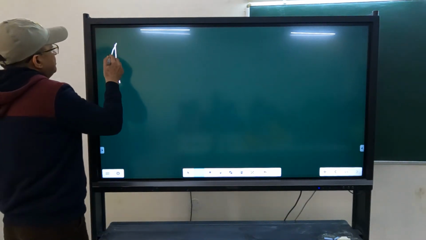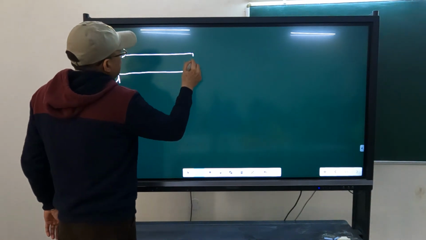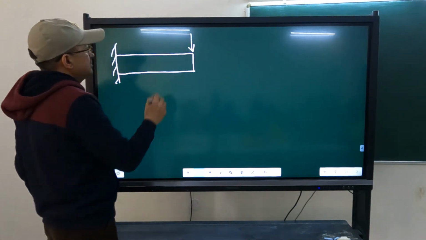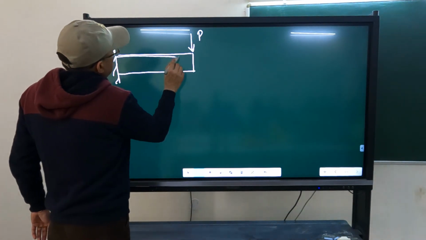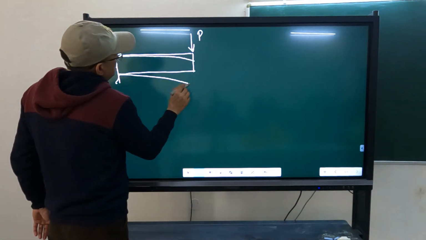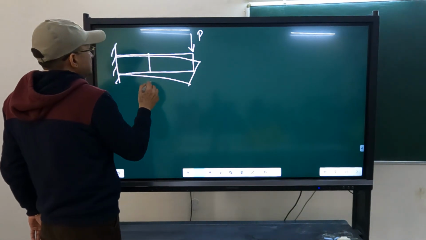Let's take the example of that same cantilever beam subjected to a point load here. It is subjected to bending like this. Let me take a section here.